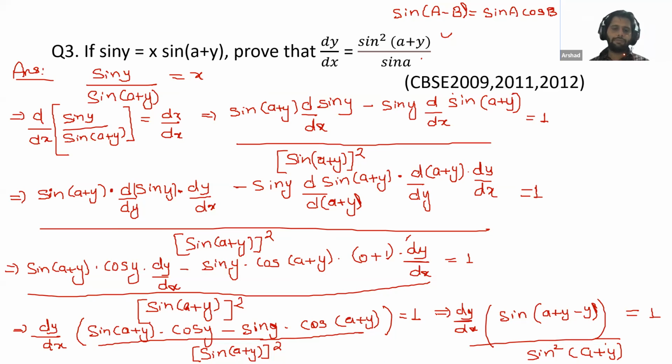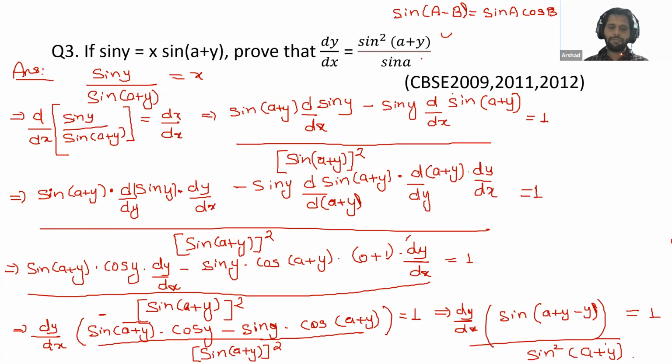Good. Now in our final expression, this is sin(A plus y) into cos y minus sin y into cos(A plus y).